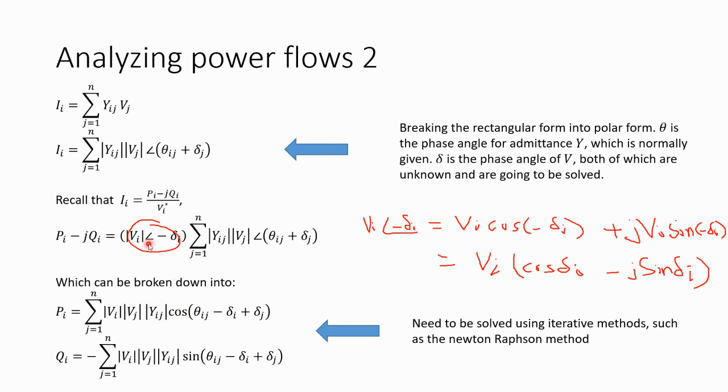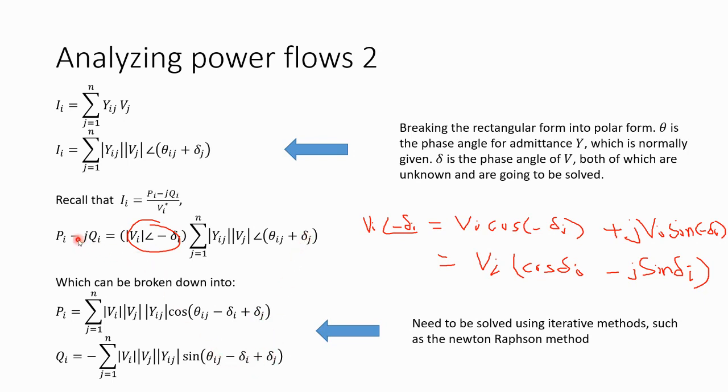And how do you get this term over here? Notice that when you have cos negative delta i multiplied with the cos of theta plus delta, it is actually equal to the cos of the summation of their angles, such as this one. So notice the theta ij comes from here, negative delta i comes from here, and the delta j comes from here. Same as the sine over here.